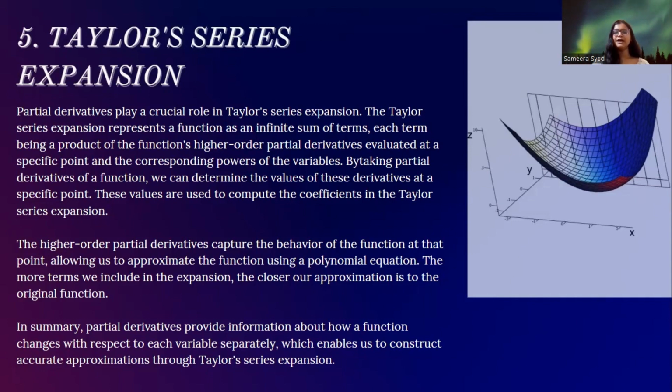These values are used to compute the coefficients in the Taylor series expansion. The higher order partial derivatives capture the behavior of the function at that point, allowing us to approximate the function using a polynomial equation. The more terms we include in the expansion, the closer our approximation is to the original function.